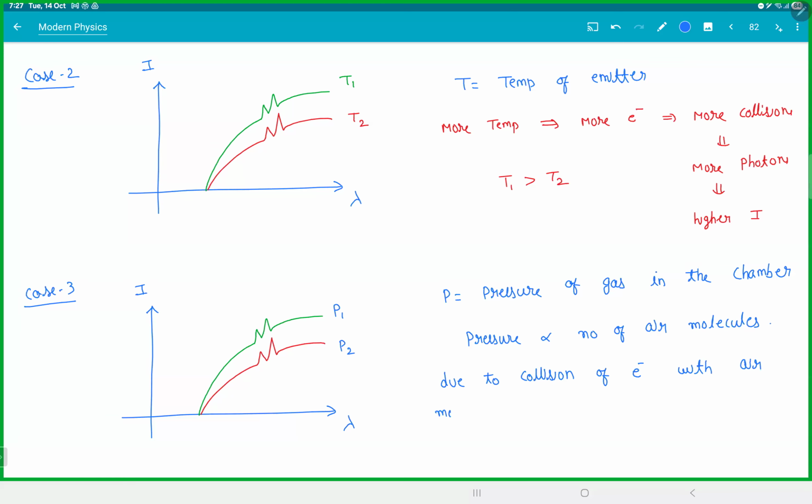Generally, they maintain a low pressure, because the air molecules create electron clouds. We heard this word in the photoelectric effect; it opposes the incoming electrons.